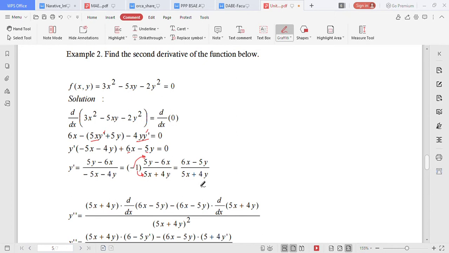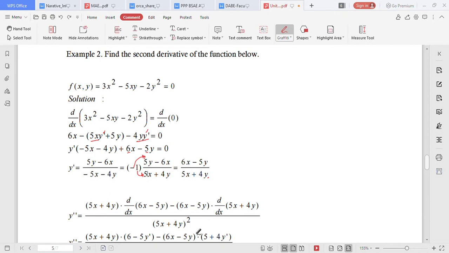So, how do we get the second derivative? For the second derivative, we have a quotient, so we will apply the quotient rule. We get first the denominator multiplied by the derivative of the numerator, which is 6x minus 5y, and then minus numerator times derivative of the denominator, all over the square of the denominator.